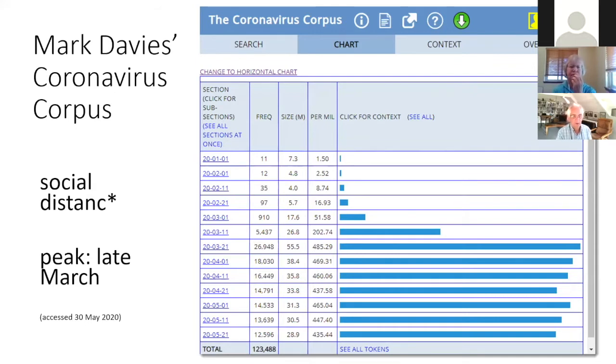This is worldwide, in the expression social distance and social distancing. And the biggest one is round about the 21st of March. After that, perhaps it diminishes slightly. So there's one way of looking, using existing corpora, at how things change through time.